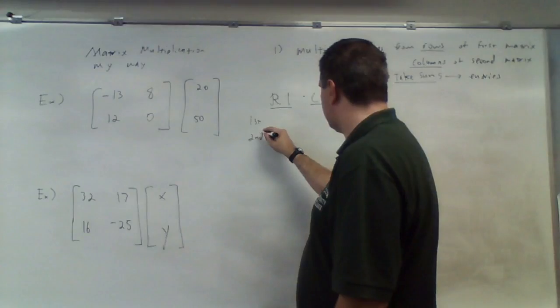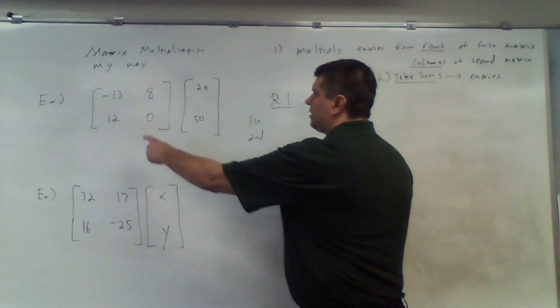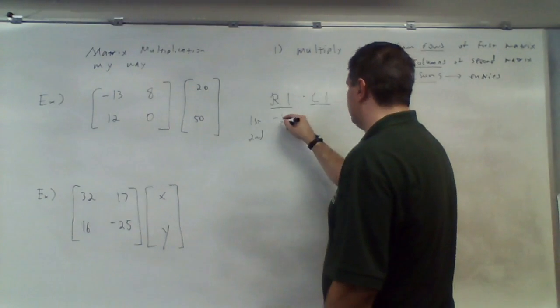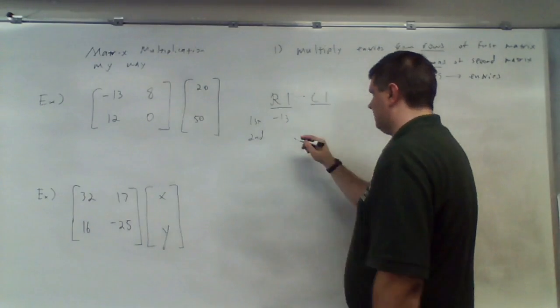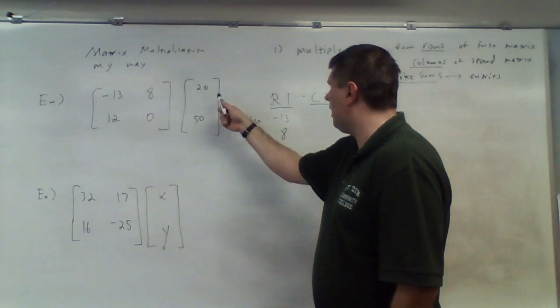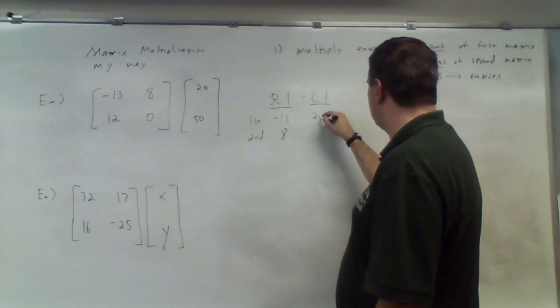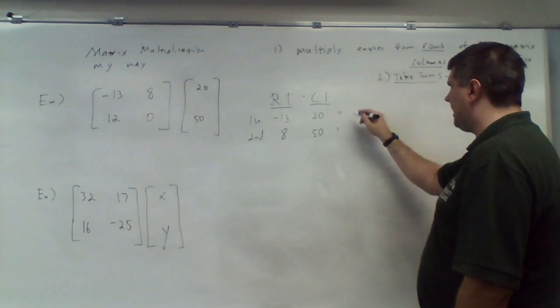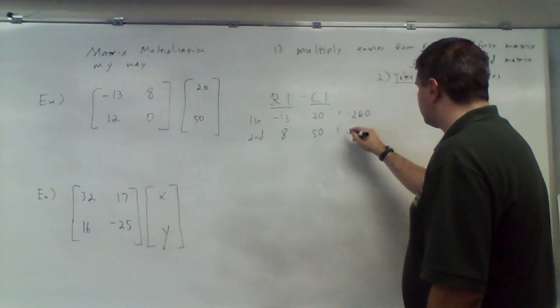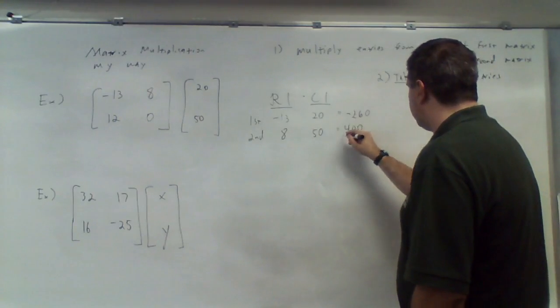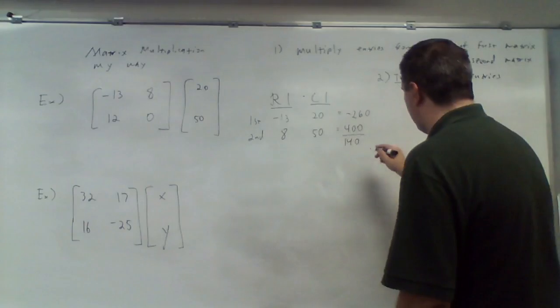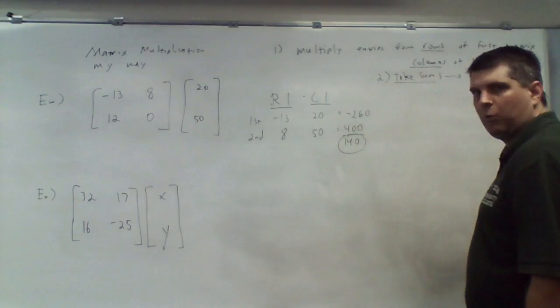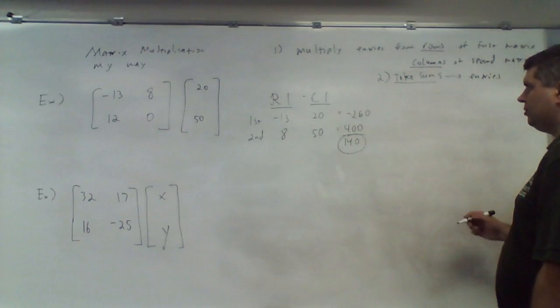So row 1, first entry is negative 13. Second entry is 8. Column 1 is 20 and 50. All right, so that's going to be negative 260. That's going to be 400, giving me a grand total of 140. That will be an entry in the new matrix.